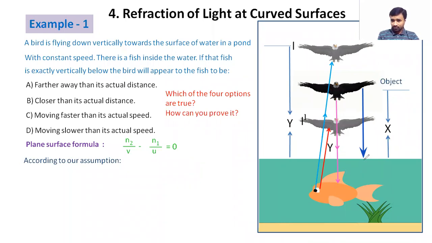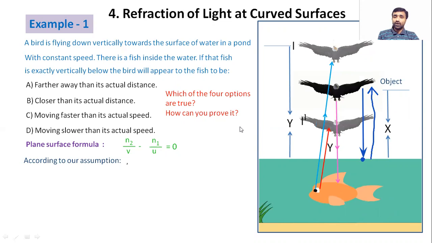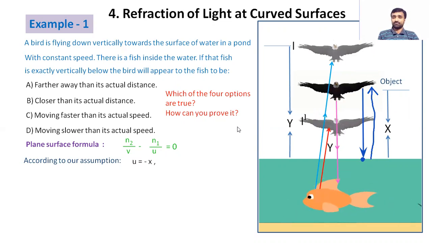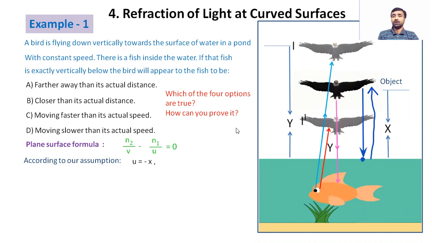From this point you started measuring distance towards the object. Are they opposite to each other, or in the same direction? Opposite to each other, so we use the negative symbol. Your object distance will be taken as minus: u is equal to minus x.